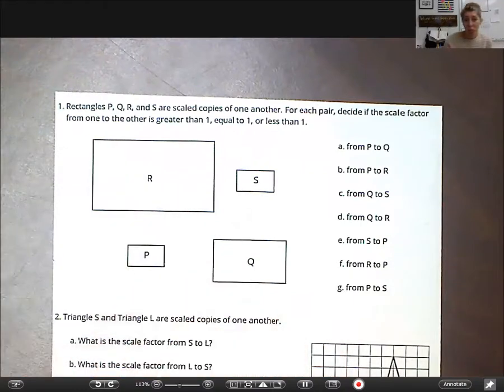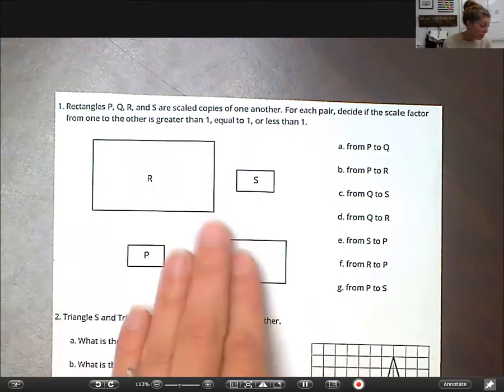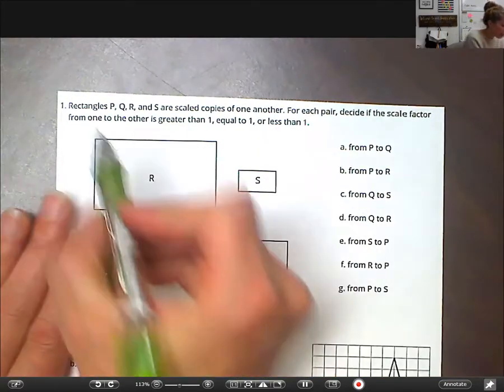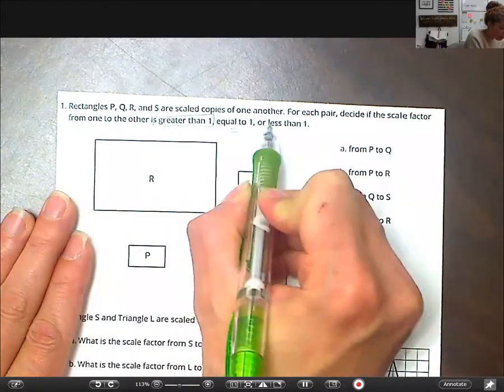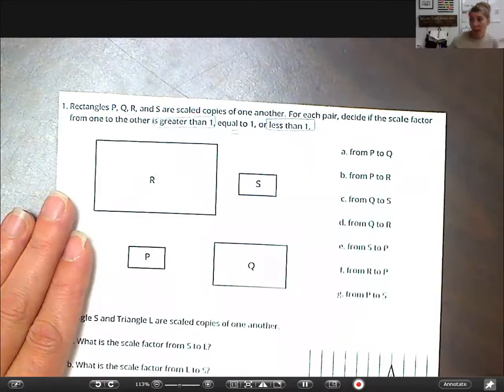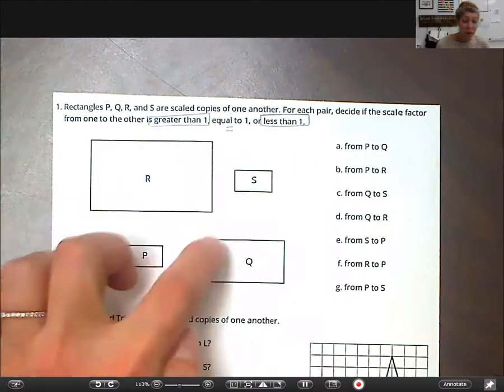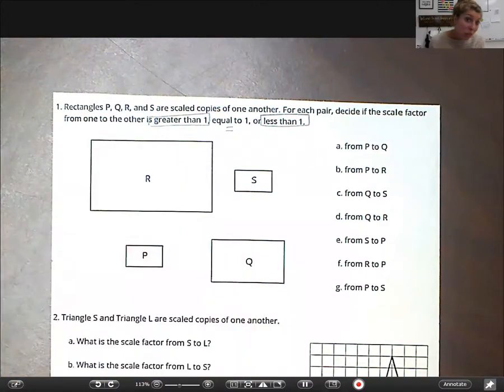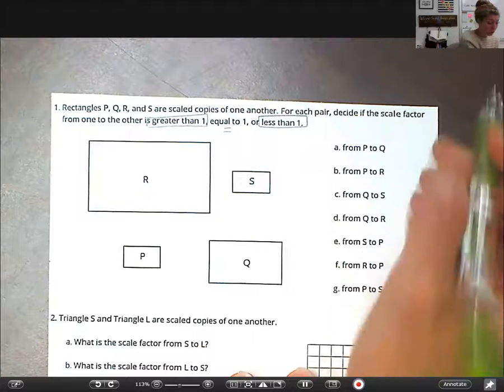So this is really interesting to me, to estimate scale factor. For each pair down here, we're going to decide if the scale factor is greater than 1, equal to 1, or less than 1. You do not have enough information without getting a ruler out to measure these to find the actual scale factor. But you can tell me if it's greater than, less than, or equal to 1. So from P, and I'm only going to do this first one for you.